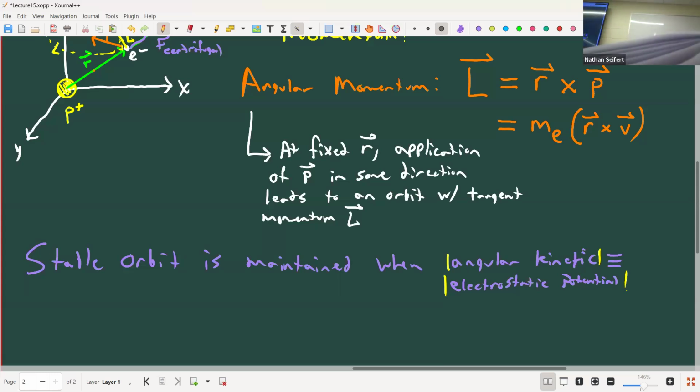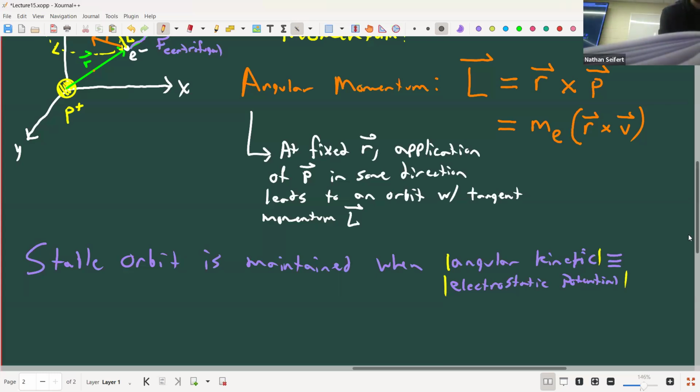This is exactly the argument that Niels Bohr came up with, that classic example of the hydrogen atom as a proton with concentric stable orbits of the electron. Maybe you've seen this design.